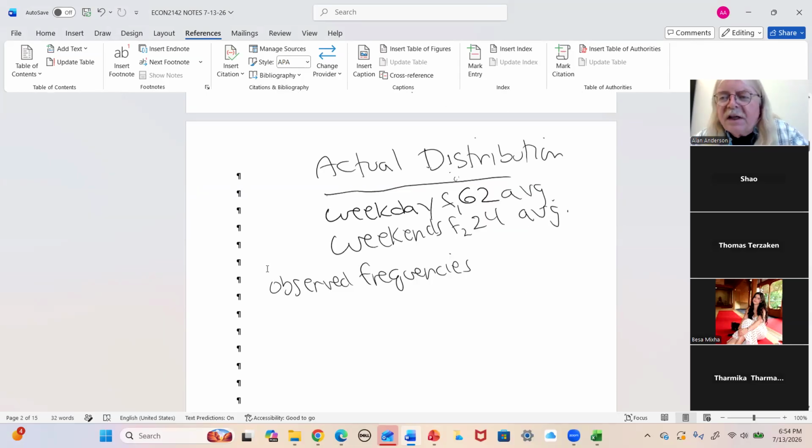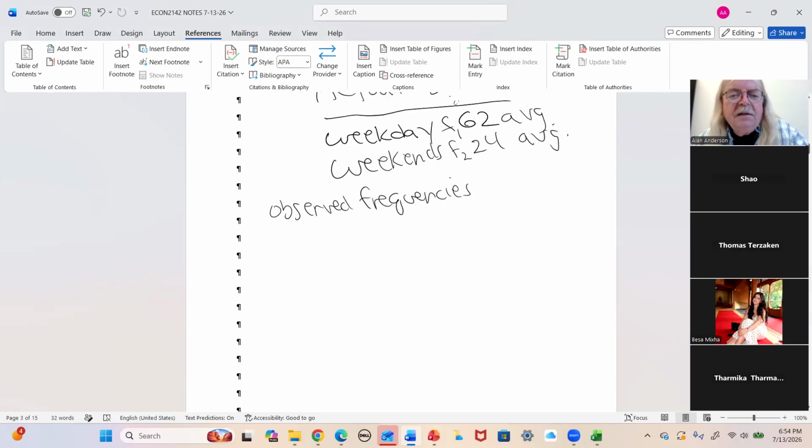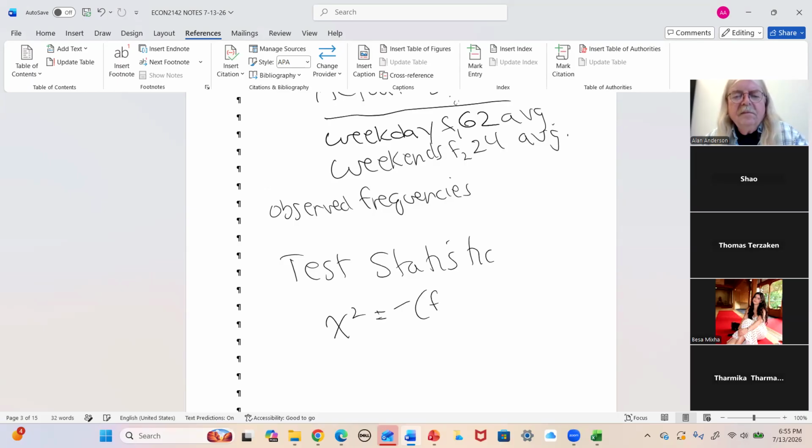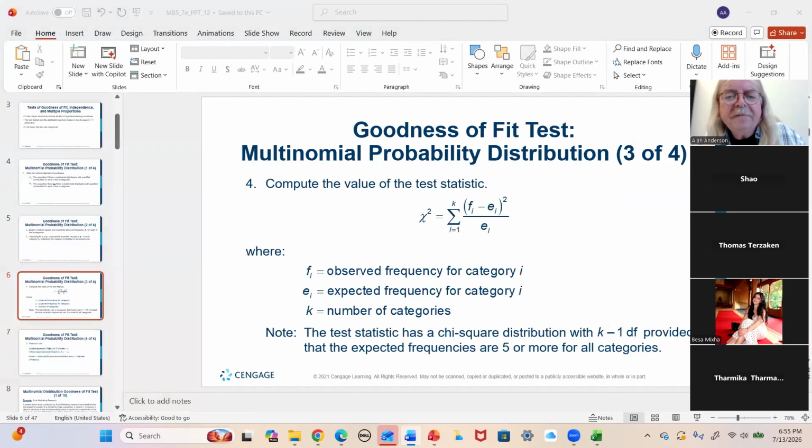When you see the test statistic, I hope it'll make more sense. I think they're using the letter K here for categories.